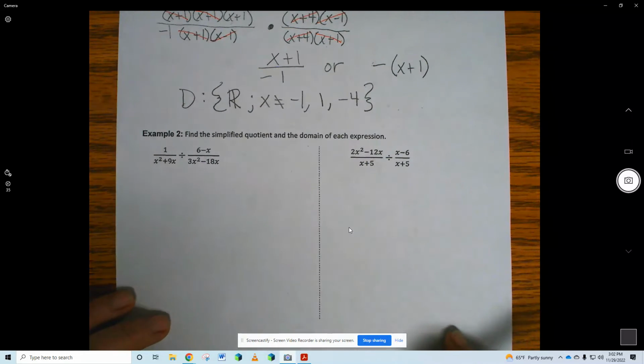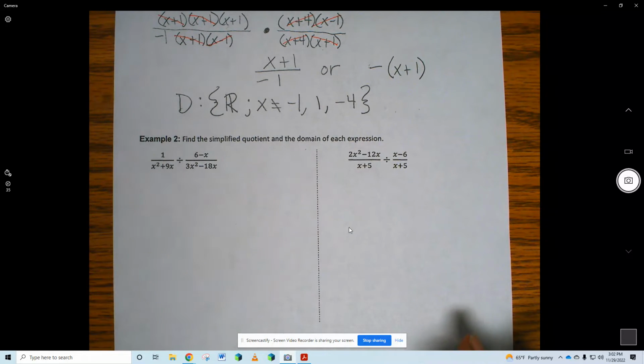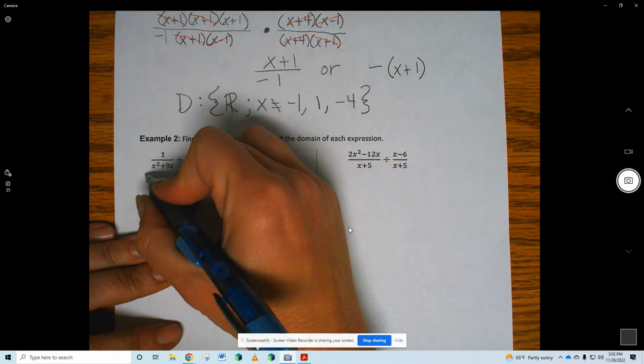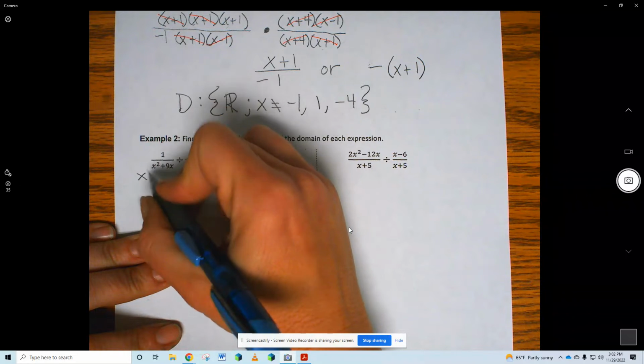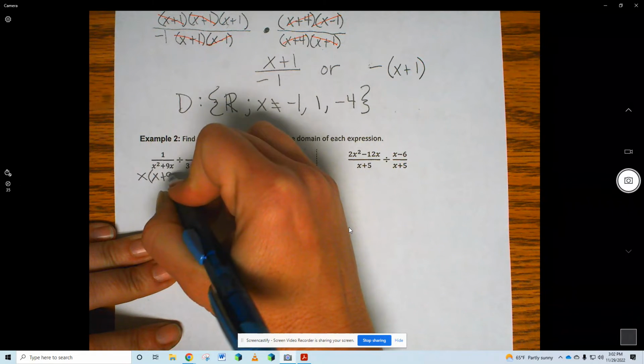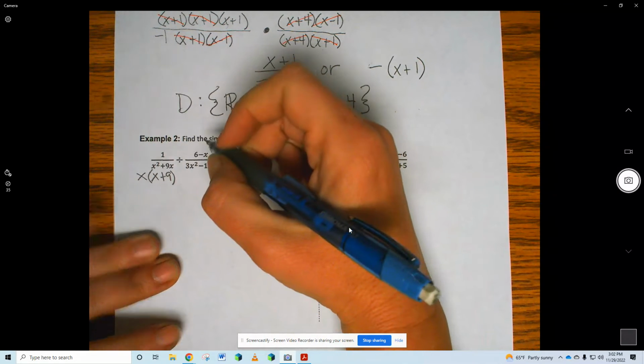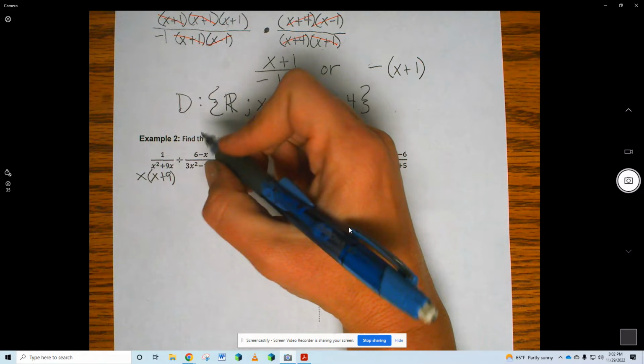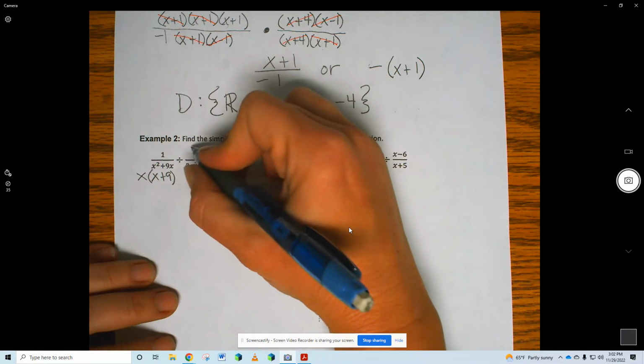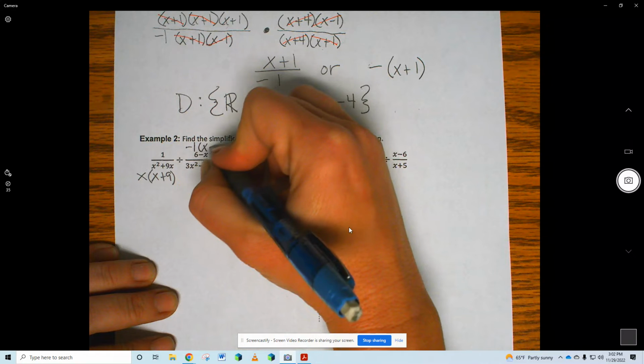Okay. Example 2. Let's factor it out first before we flip again. So go ahead and, like on the denominator, take out an x. You should multiply this by -1.